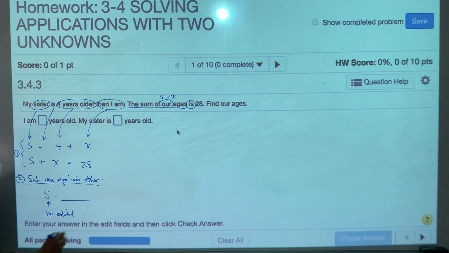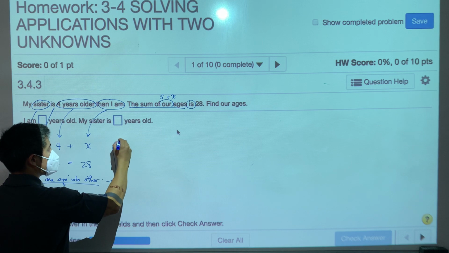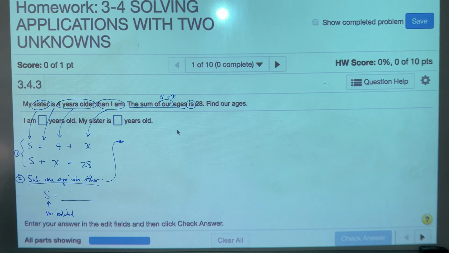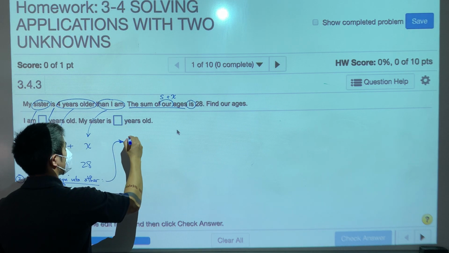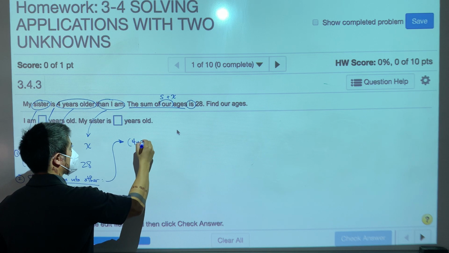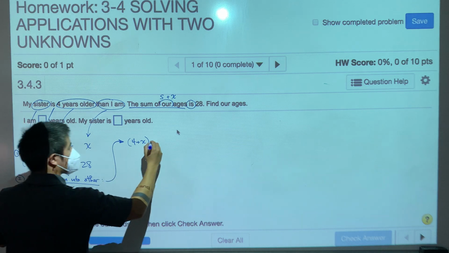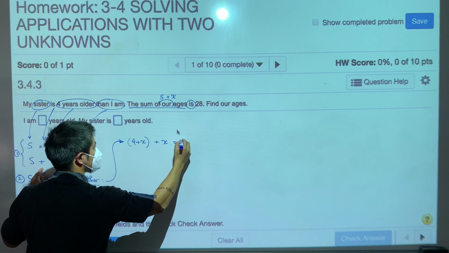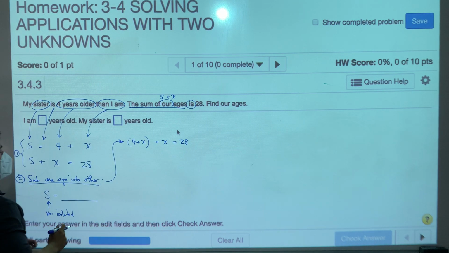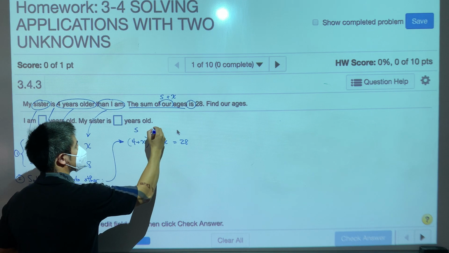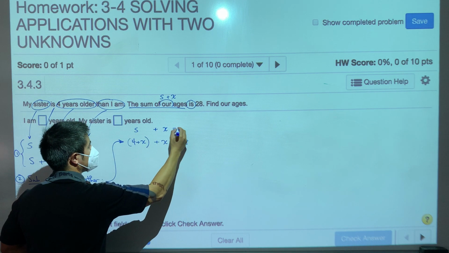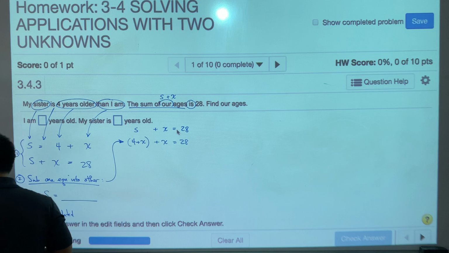All right. So I'm going to come over here and do that. So what do I do? I put 4 plus X in for S, plus X equals 28. Look at what happened there. My original equation was S plus X equals 28.